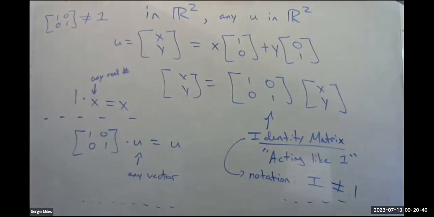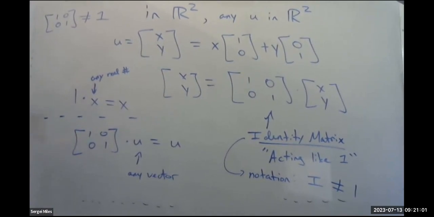This is going to be more important later when we start talking about how we can solve matrix equations by multiplying or dividing things over. That's coming later. I believe that's somewhere in chapter 2 or chapter 3. So we'll get there. But I want to highlight this. The identity matrix is not the number 1. Watch out for this. Students make this mistake and then they lose points for it. So be careful here. All right.